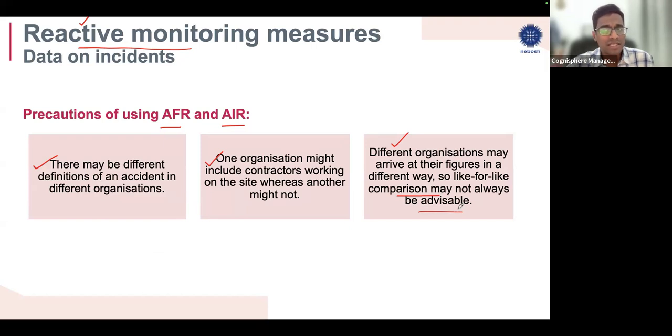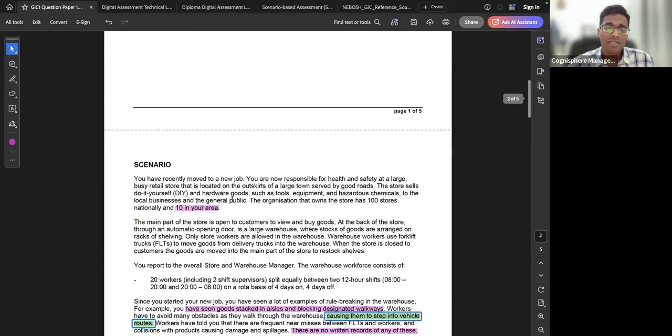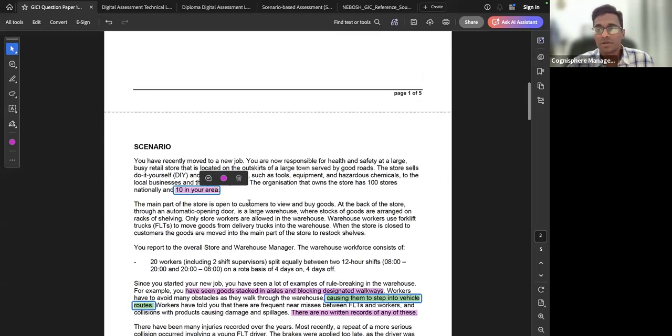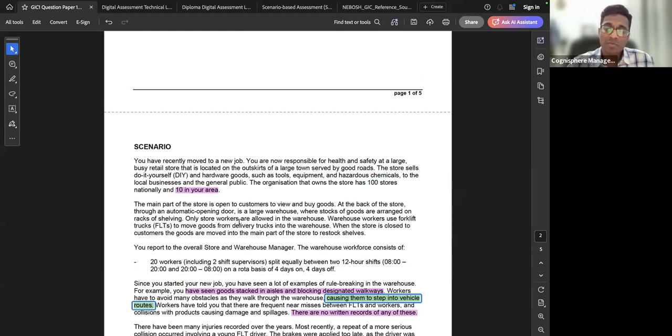This comparison would be very helpful when you're comparing within the organization. Within the organization, you can do a comparison for all the 10 stores in your area, or all the 100 stores of that same organization, or compare department to department within the organization, because throughout the organization the definitions and everything would be the same.